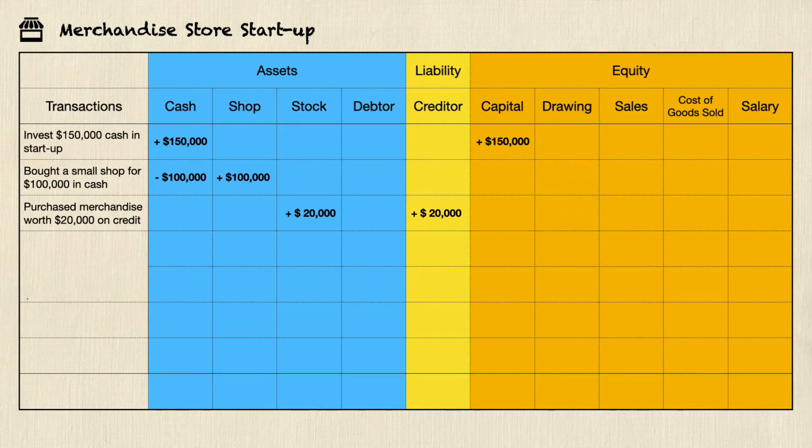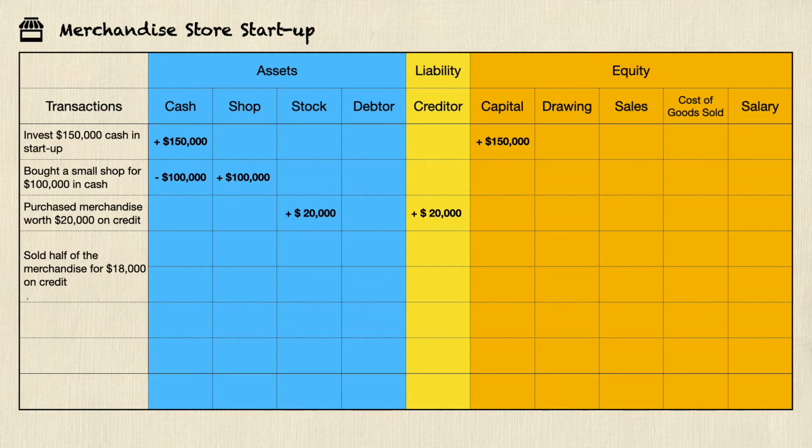After a certain period of time, the owners manage to sell half of their stock of merchandise for a total of $18,000. Now, there will be two separate transactions for this sale, and we will account for them separately. First is the reduction in merchandise as they are given out to the customers.